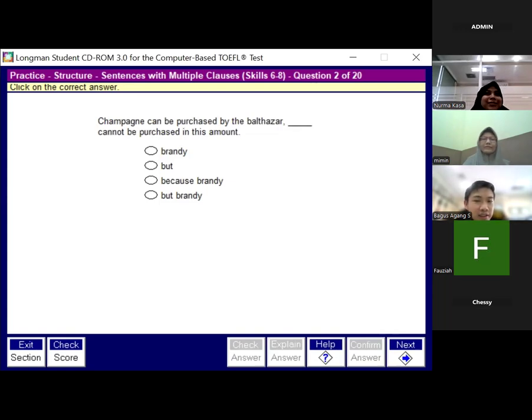Miss, can you read the whole sentence, please? Champagne can be purchased by the Balthazar, blah blah blah, cannot be purchased in this amount.